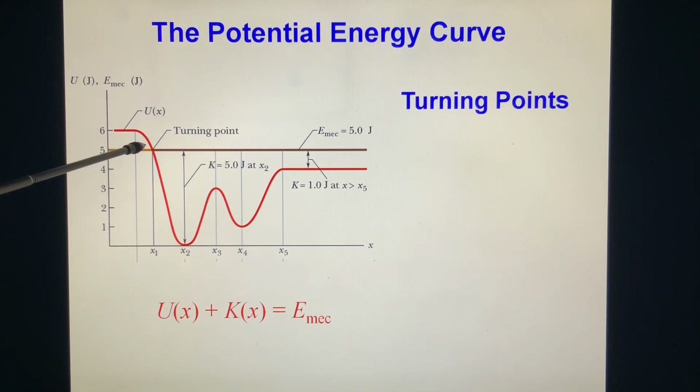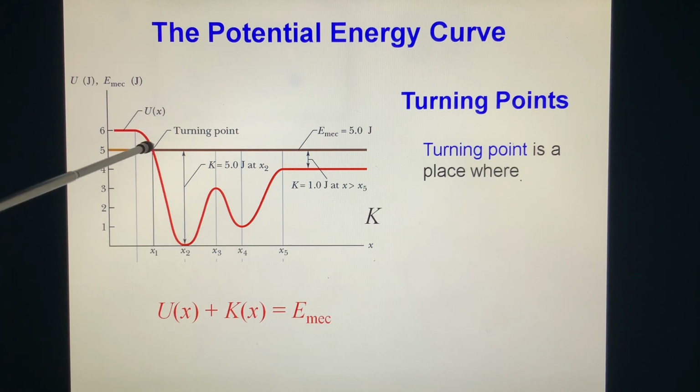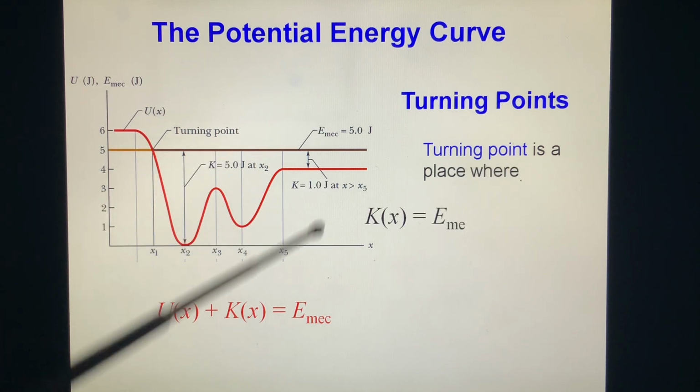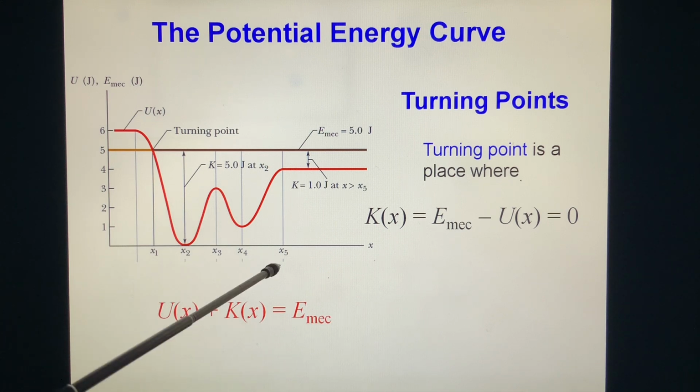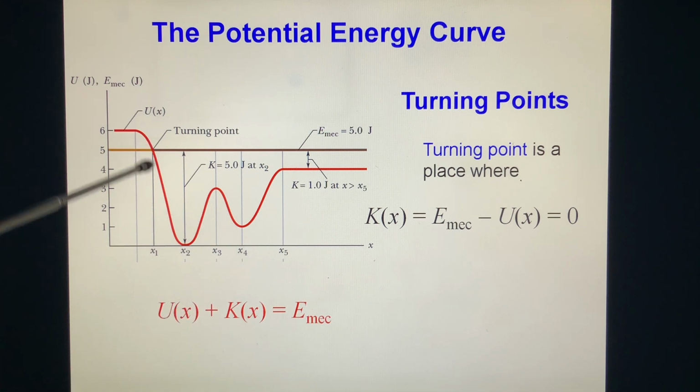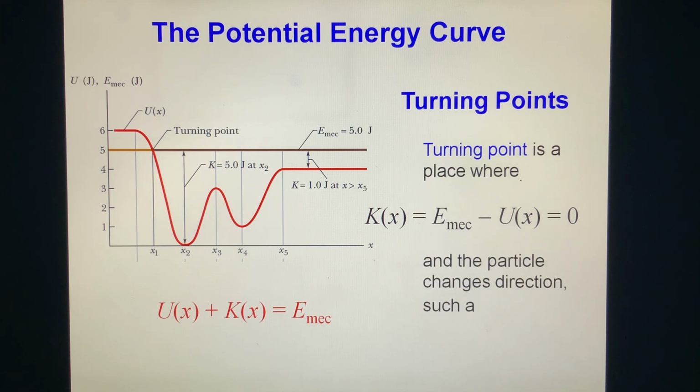This point is called a turning point because the potential energy equals the total mechanical energy. At this point, kinetic energy is 0 and velocity is 0, so the particle goes from here to here and comes back. We call it a turning point, where the particle changes direction. This one we call x1.